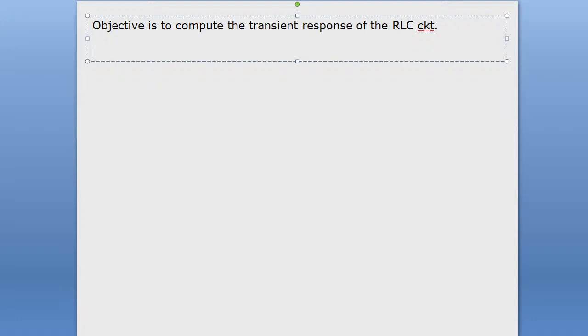So let me write it. To convert the non-homogeneous equation into a homogeneous equation, how do we convert it?